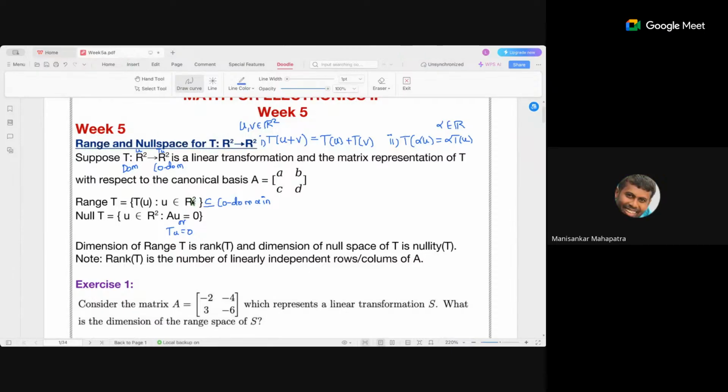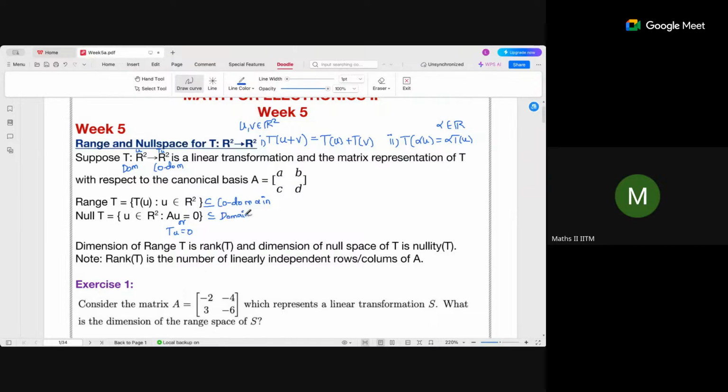Null of T is in the domain. Okay, so null of T is in the domain of this transformation T. You should visualize this as a subspace of the domain.